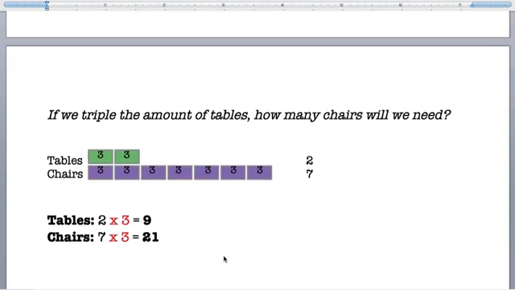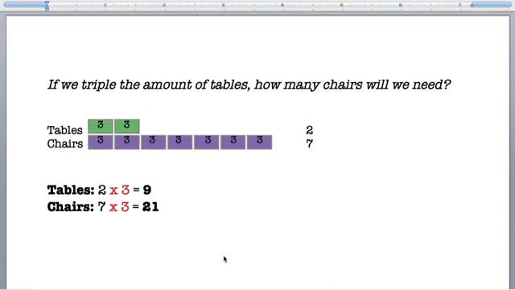So all we do in a ratio tape diagram is triple the amount inside each box. So since we tripled the amount of tables, instead of 2 tables, oops, I found I had an error right there, 6.